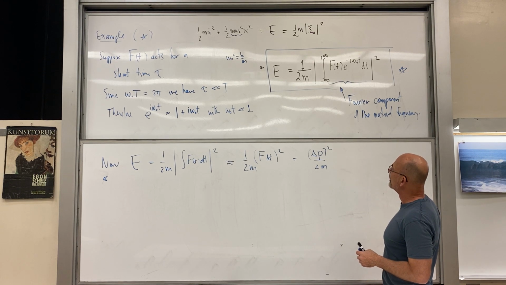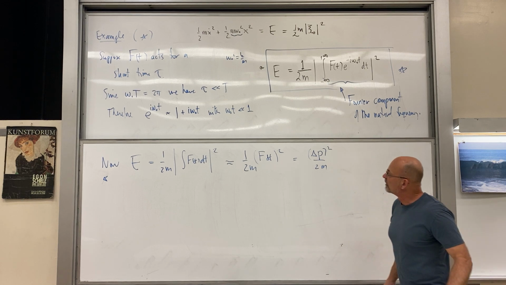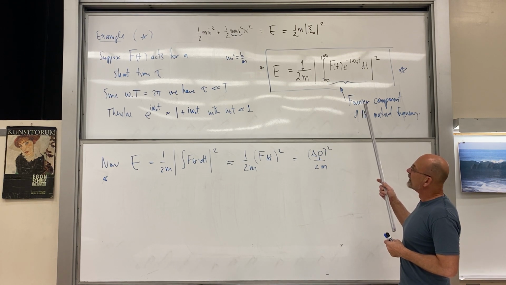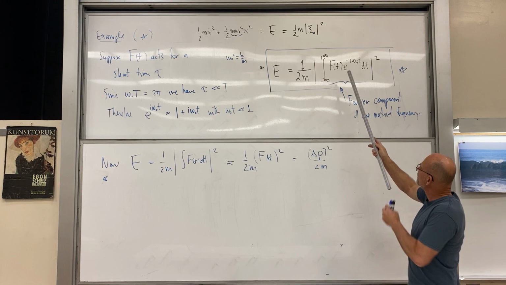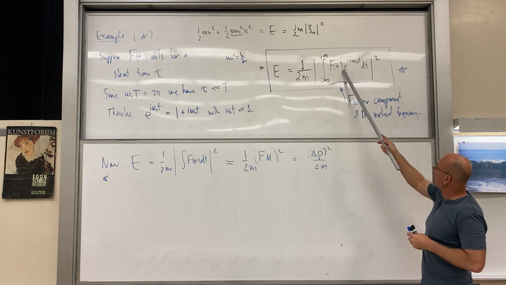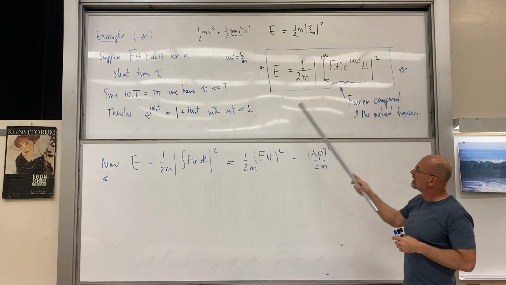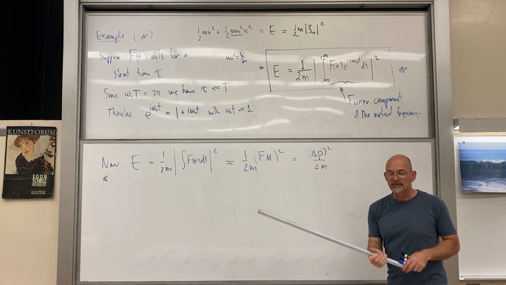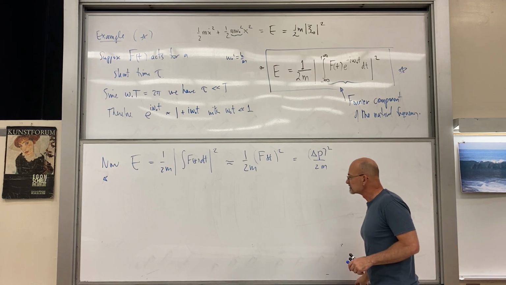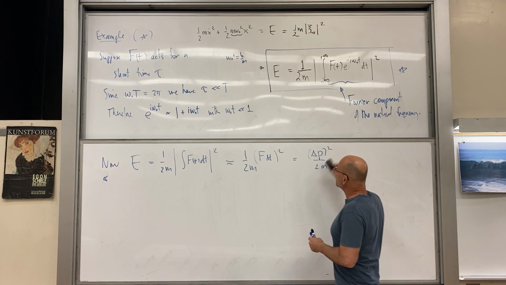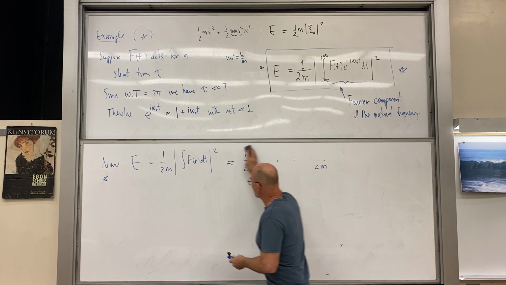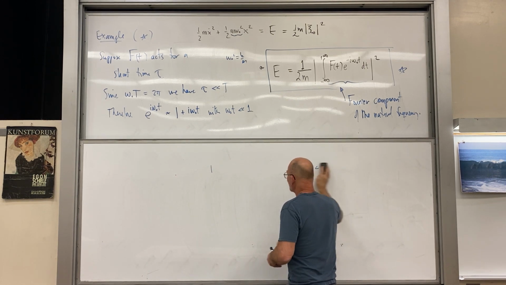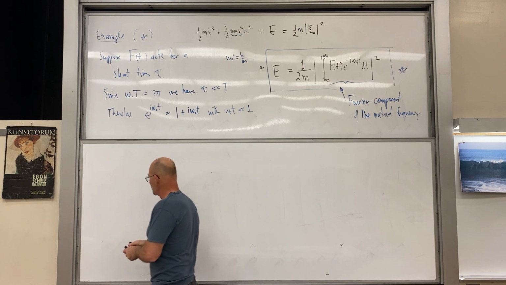So what I want to do now is take the other extreme. We're going to look at a driving force that is driving the oscillator at the eigenfrequency. I can leave that up there. So this time we have to set everything up again.